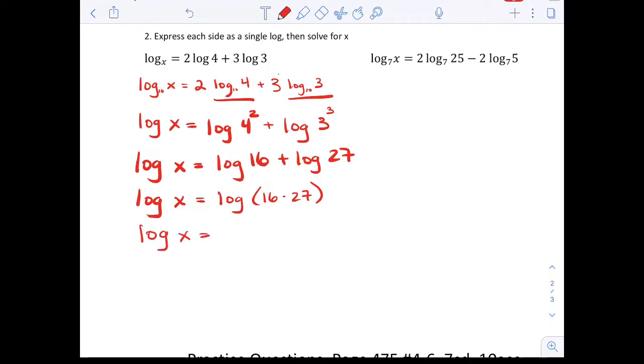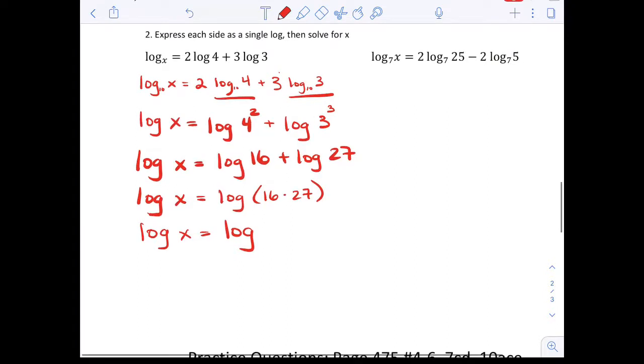Log x is equal to log, and I get my calculator, and I put in 16 times 27, and we get 432. So if I look at the left and right side, I'm just going to make them equal where they are. So x must be equal to 432. So in that expression above, when x is 432, the left and right side are the same.